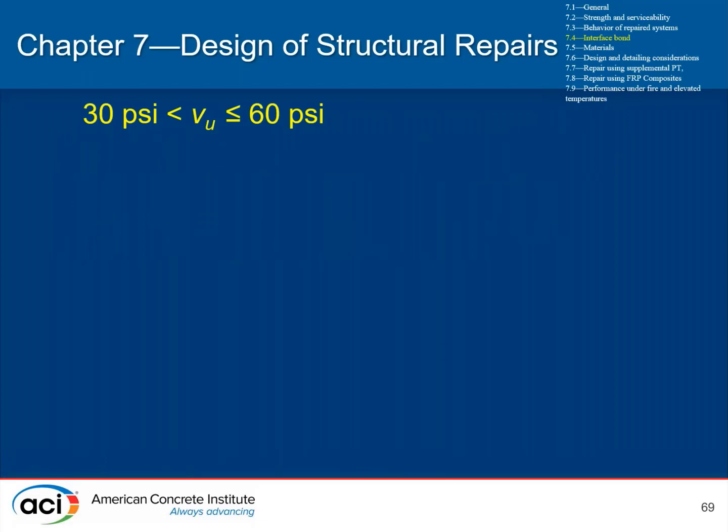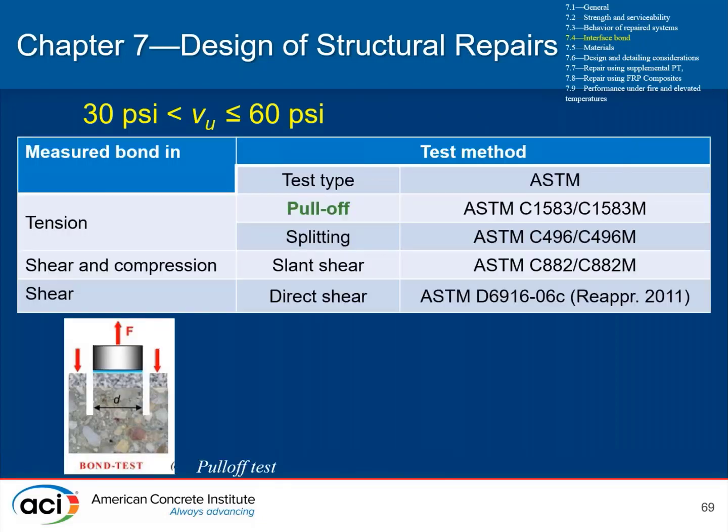When it's above 30 psi and less than 60 psi, the code is requiring more quantitative, and the primary one that is referenced and that people are using in the field is pull-off testing. And while it's recognized that pull-off testing is not evaluating shear performance, it is providing some information with regards to the integrity of the bond line.